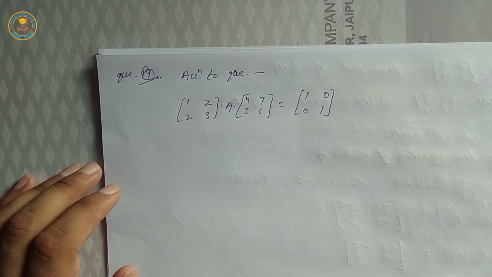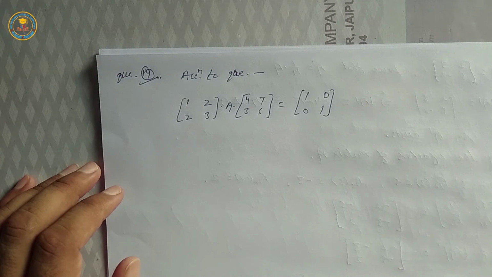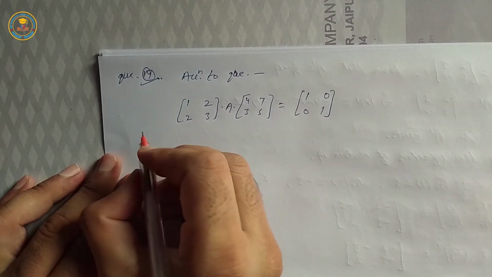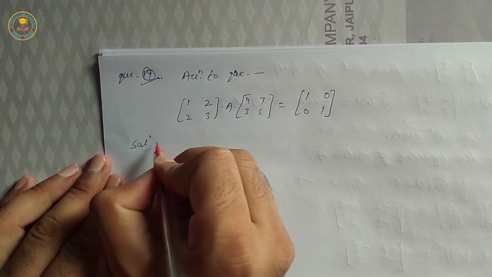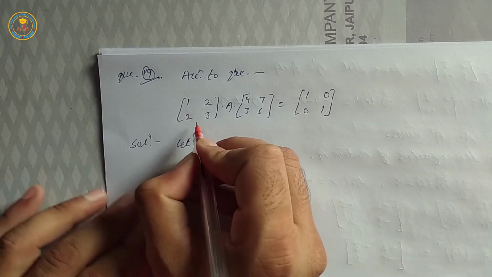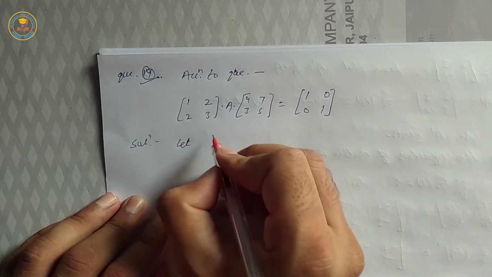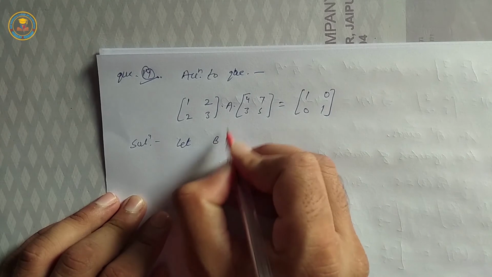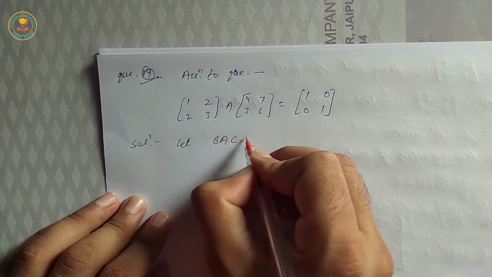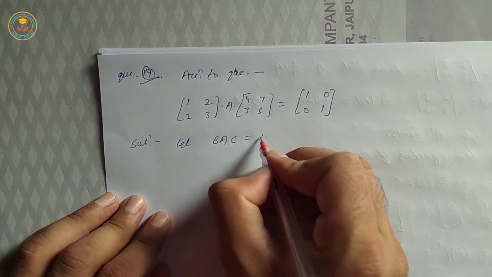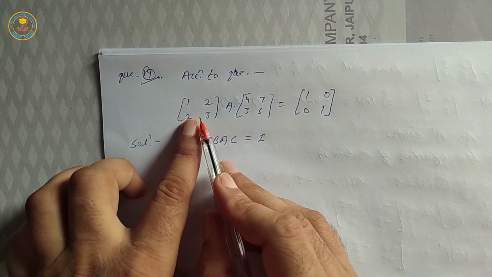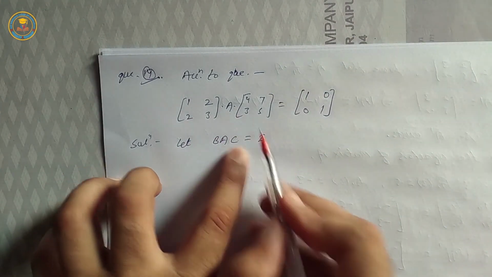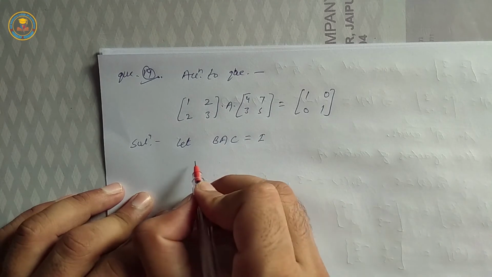Okay. Solution. Let B A C be equal to identity, that is, matrix B into matrix A into matrix C is equal to identity.